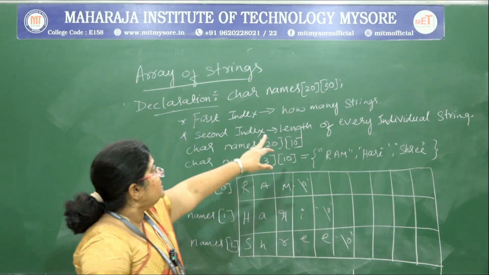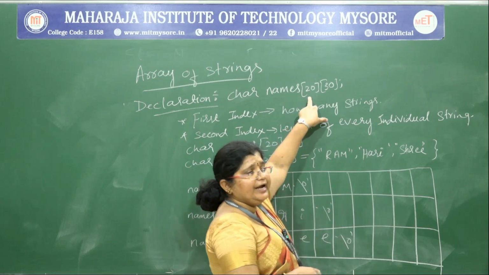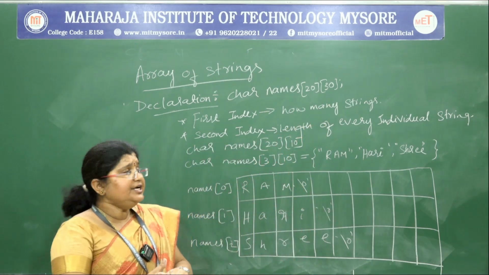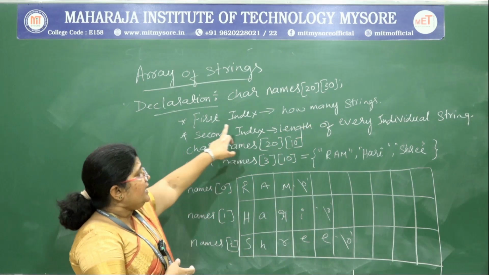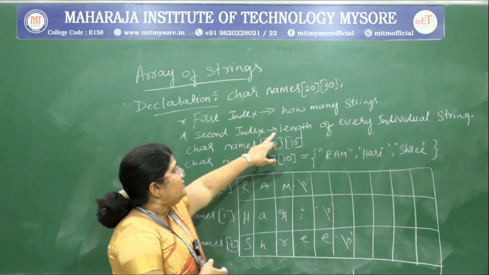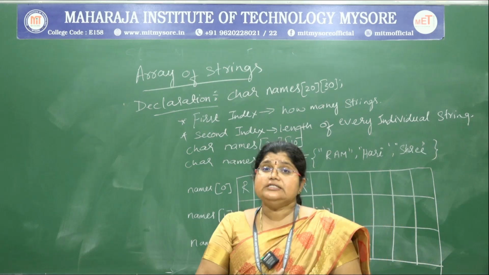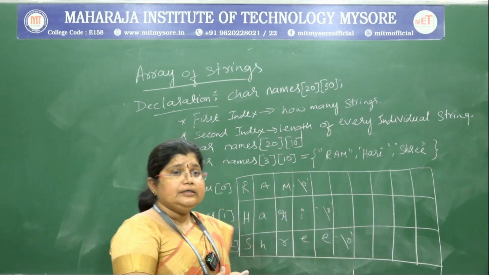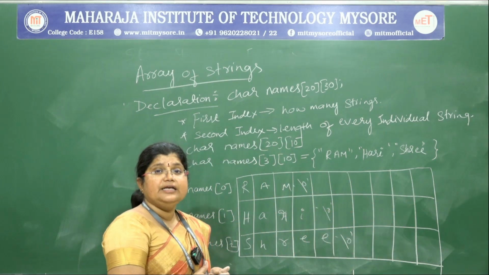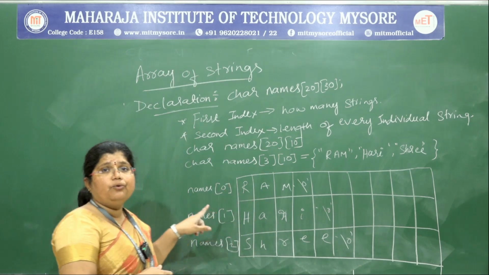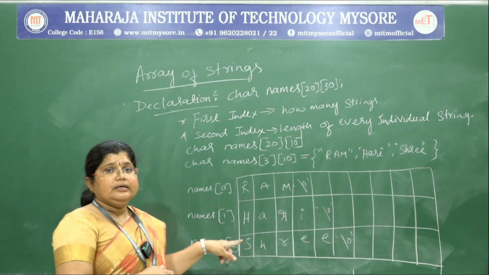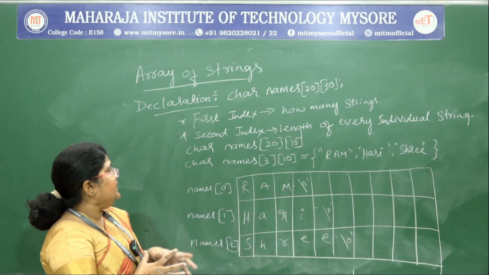That must be specified in the first index. The next index specifies the length of every individual string. What is the maximum length required for each string? That is the second index.